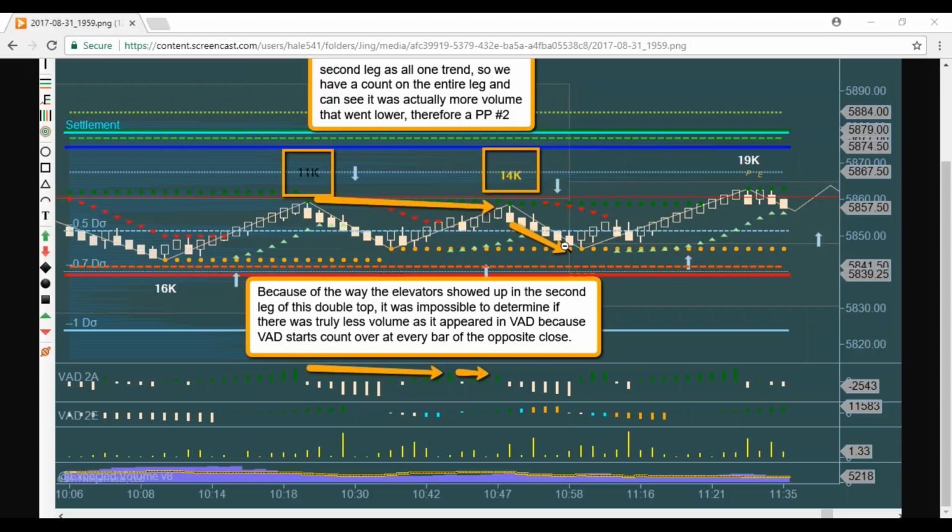Remember how I've talked to you about there's ABCs and there's 1, 2, 3s. And yes, our initial thing we taught you with VAD was this is what you're looking for because it tells you that volume. But there's also a, hey, we're not trying to make the market fit around an Apex indicator.